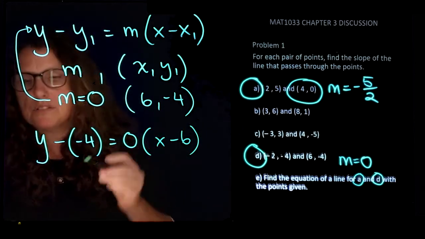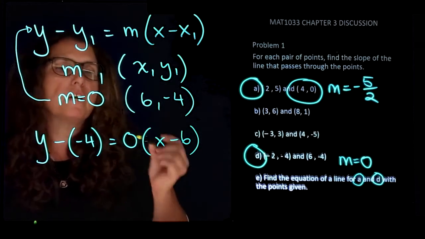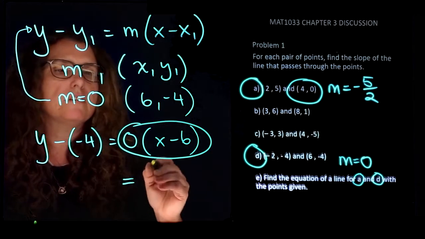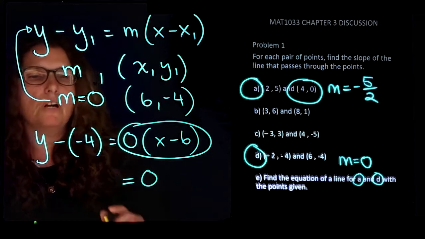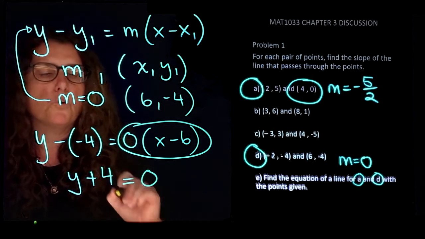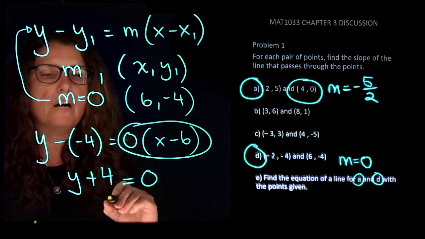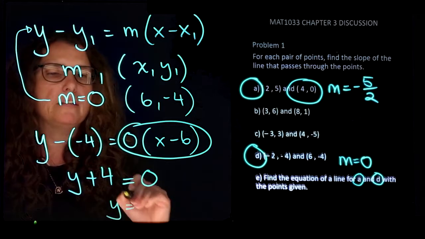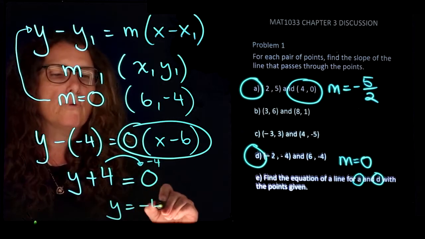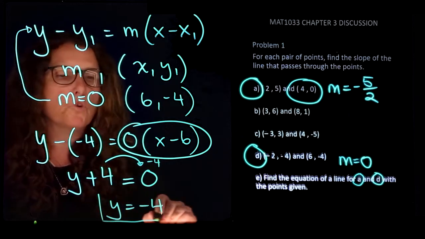Now what is 0 times x minus 6? Anything multiplied by 0 is equal to 0. On the left-hand side, we're left with y plus 4. So now solve for y, and you get y equals, bring the 4 over as a -4, y equals -4.